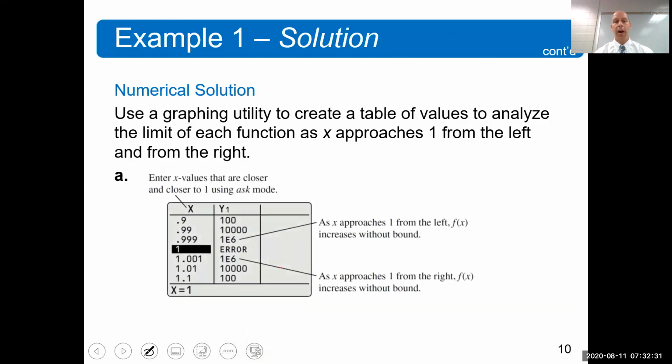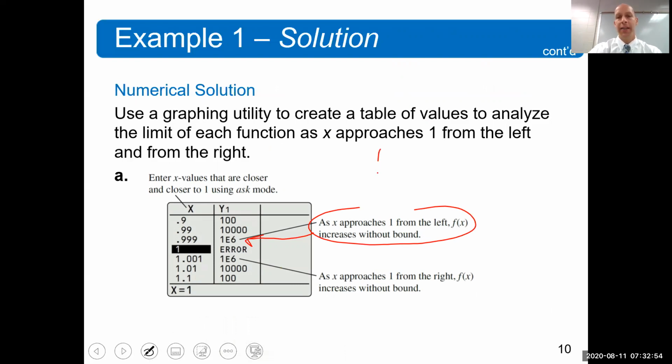So let's look at some numeric explanation for both of these. Here is my graphing calculator for values for part A, which, remember, the denominator there was quantity 1 minus x squared. So when we look at it numerically, here's what I really want you to notice. Do you see this 1e to the 6th? That e means it's exponential.